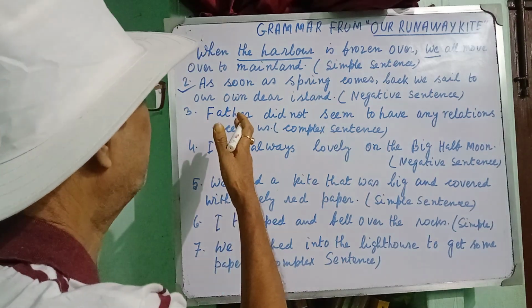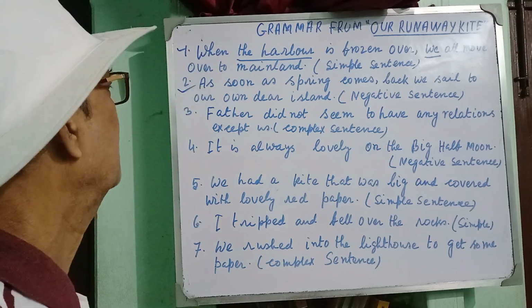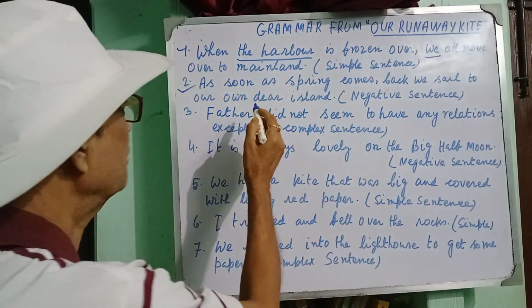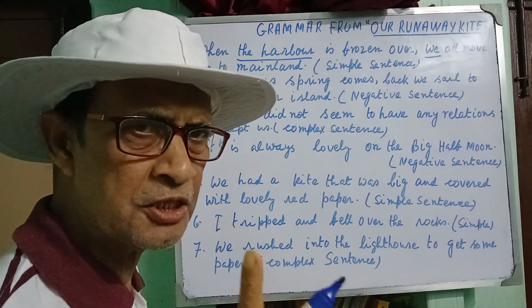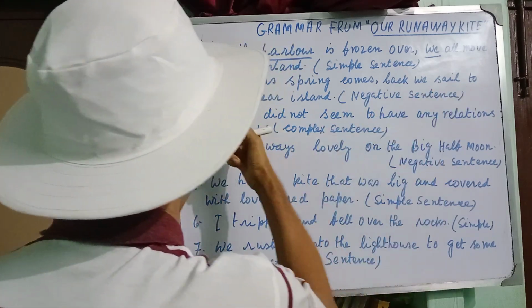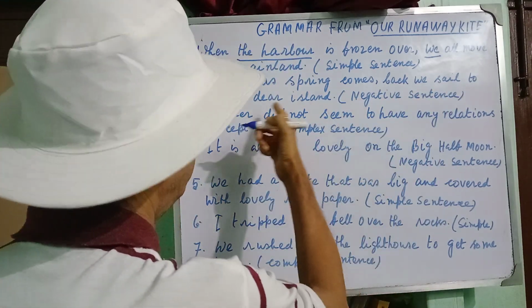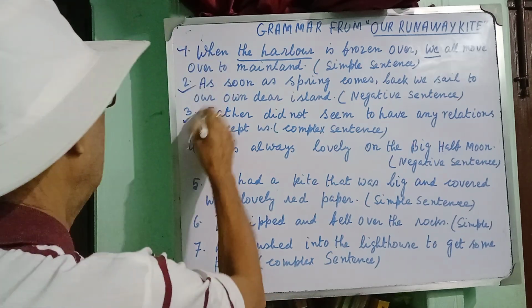It is in the present form, so you will have to write, no sooner does spring come than back we sail to our own dear island. Clear? Now my third item.